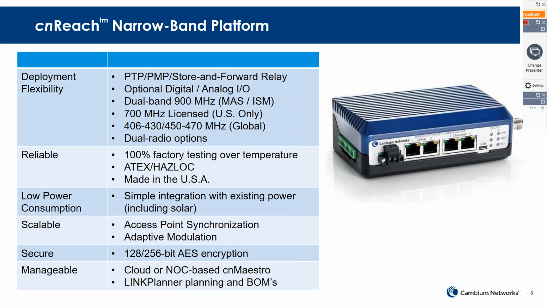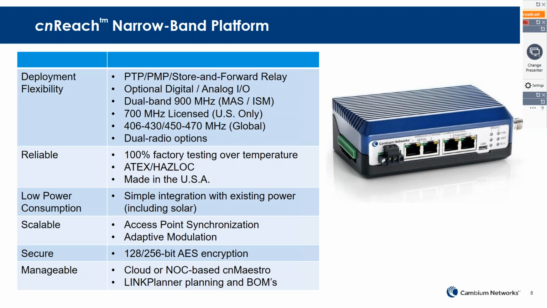And we also have the 400, 450 radio, that's for global. The unit comes with a single radio port or dual radio ports. It's your choice. Sometimes people say, okay, I need one radio port, you get one radio port. You can get two radio ports if you think that you need two.